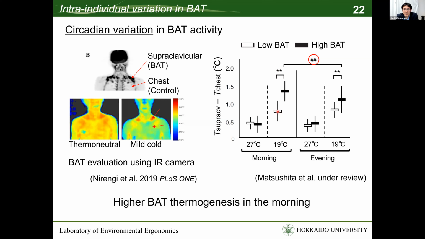That means greater activity of brown adipose tissue compared to the low BAT group in the morning and evening, but there is a difference between the morning and evening, that is, the high BAT group shows a greater temperature difference in the morning compared to the evening. That means they show the higher BAT thermogenesis in the morning. So this result also supports the evidence of the higher brown adipose tissue activity in the morning.